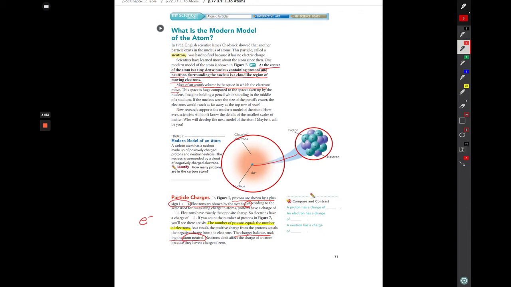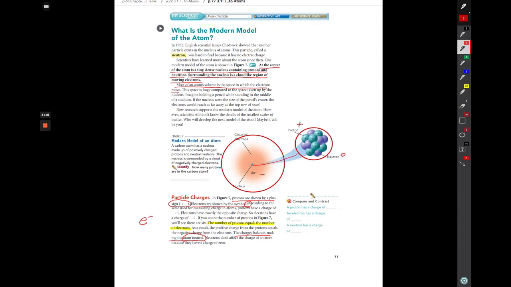Neutrons don't have a charge, so they're not going to affect the charge of the atom at all. So back up here again, we can say that the protons have a positive charge. The neutrons have no charge. We'll put a little 0 for that. And the electrons have a negative charge.